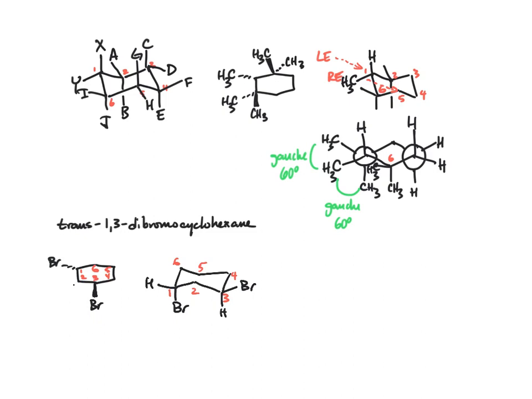So without me drawing it, if you do a ring flip of that, what's the relationship going to be? What is the bromine of 1 going to be and the bromine of 3 going to be when you do the ring flip? If it's axial in 1 and you flip it, what's it going to be in the other chair?